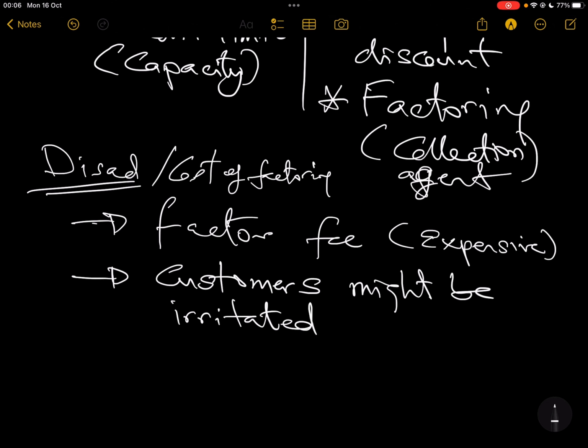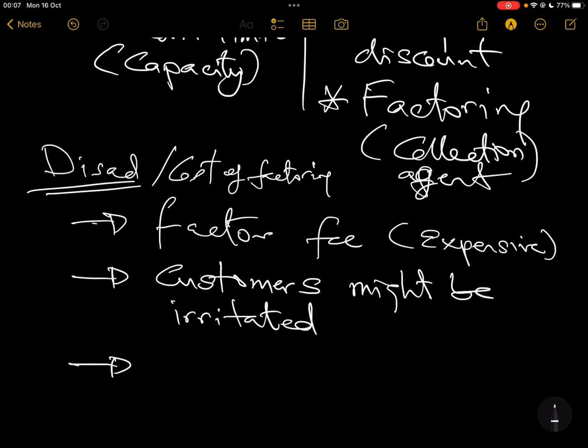Sometimes the factor might also put as part of the condition that the financing of your receivable will now be handled by the factor. And usually, if you allow them to do that, I bet it's going to come at a cost that is even more expensive than what you were getting from your overdraft. So that might be a challenge.